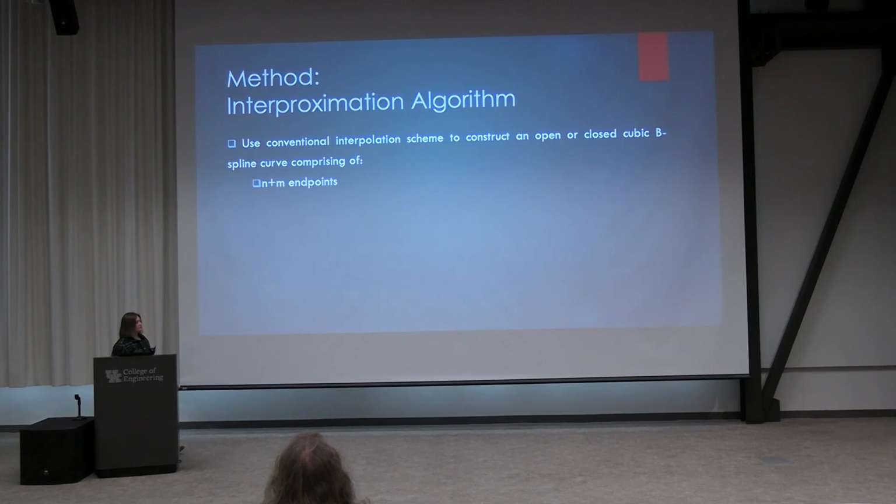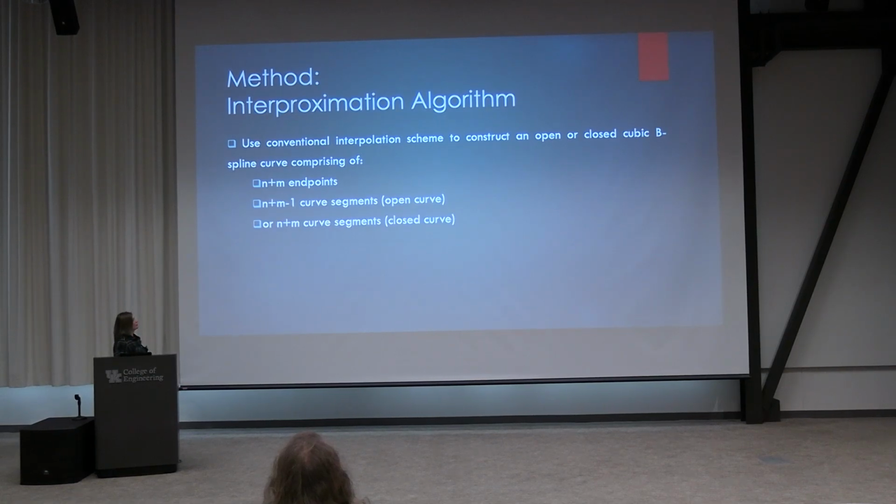So for a conventional or traditional interpolation method, we will need n plus m points, right? So this is our case, n plus m points, where n represents the number of exact points, and m represents the number of uncertain regions. For an open curve, we will need n plus m minus 1 line segments.